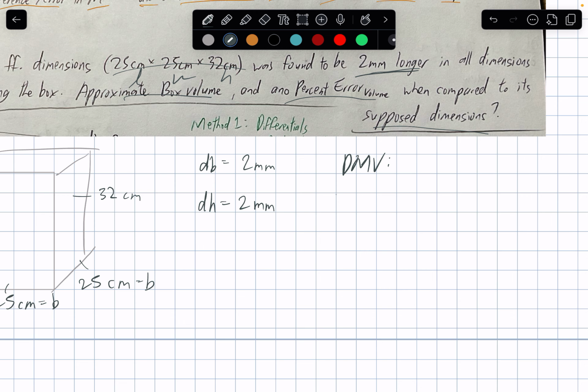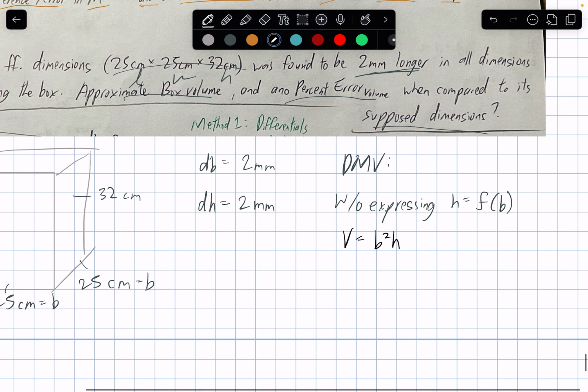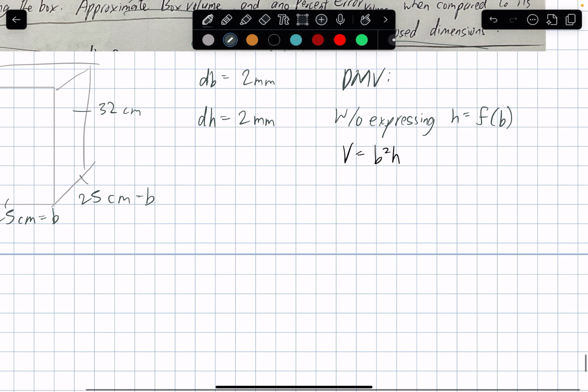Without expressing h as a function of the base, the formula for the volume of the figure is b squared times height, right? And using total differentials, dv is equal to 2b times, so we're going to apply product rule. Both of them are not going to be considered constants.